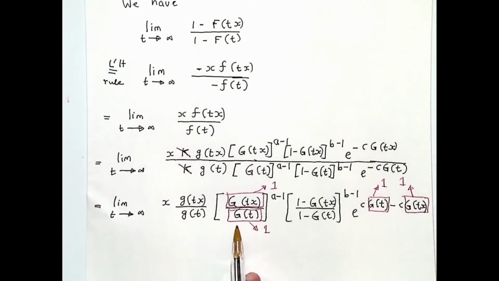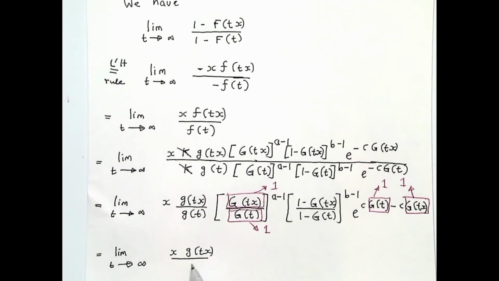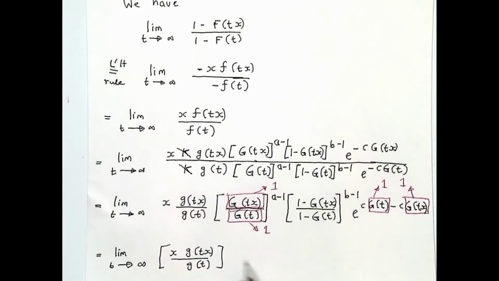You have 1 divided by 1, which is 1, c minus c, which is 0. All right, so this becomes the limit as t approaches infinity of x g'(t) g(t). Okay, let me group this as 1, and then you have this term here, which is 1 minus.